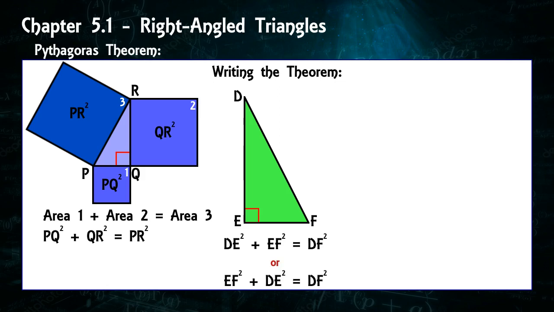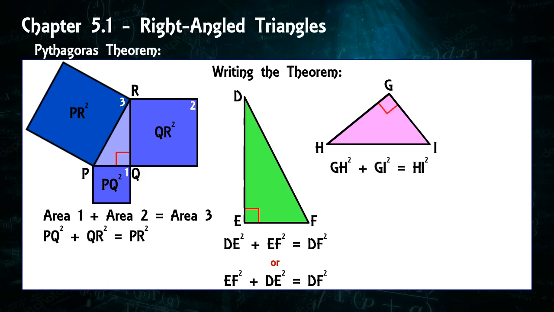As long as the hypotenuse is at the end of your line, it's okay. And this here is triangle GHI with angle G equal to 90 degrees. The correct theorem for this triangle is GH squared plus GI squared is HI squared.